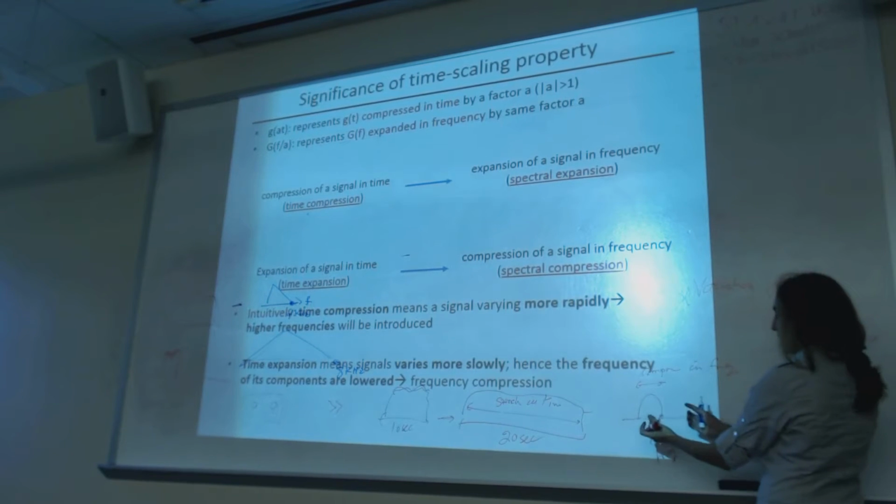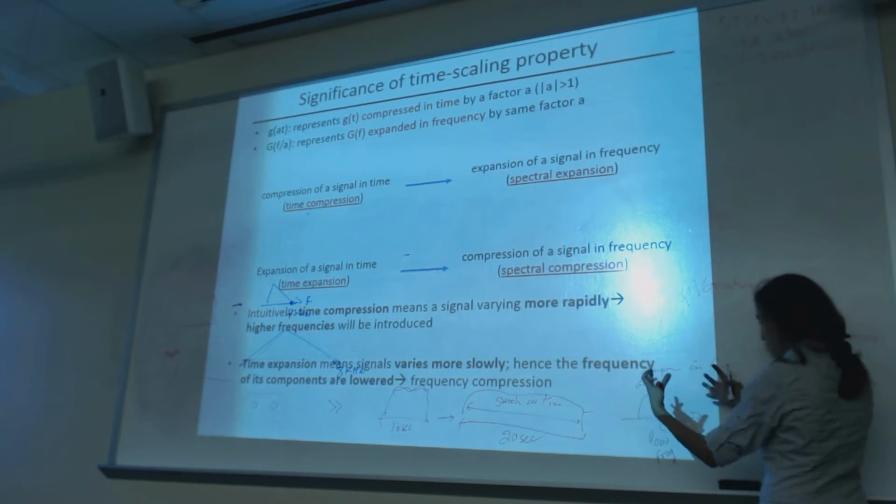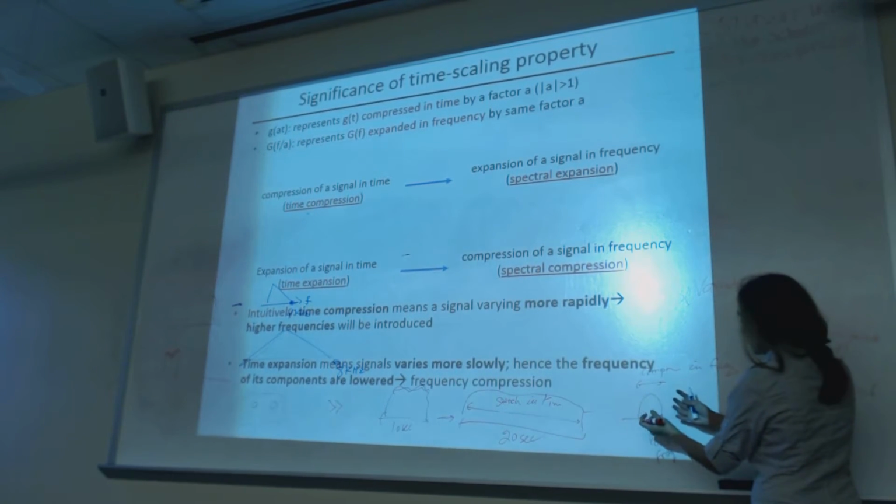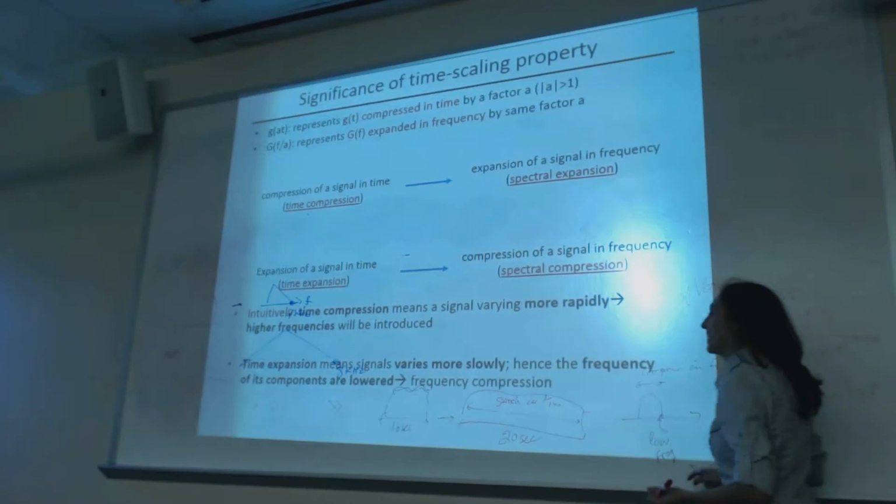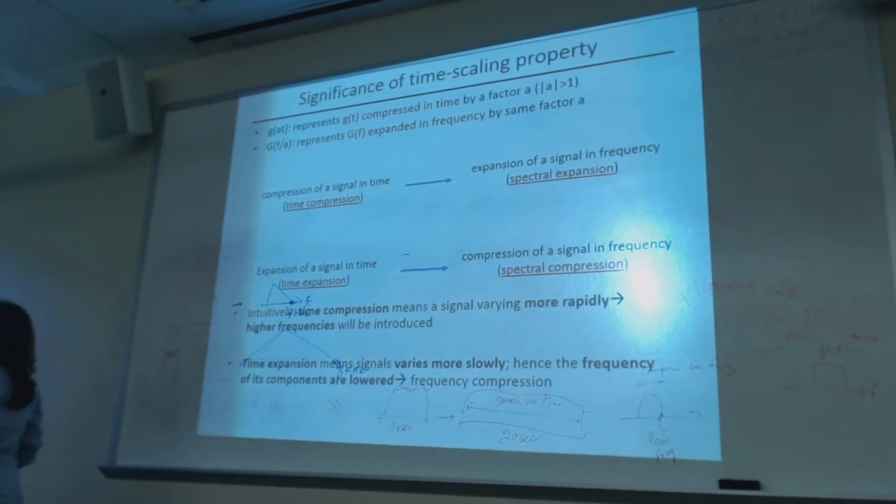So again, you'll hear something more like a whoa, lower frequency, versus higher frequency. So intuitively, time compression means the signal varies more rapidly, so it introduces higher frequency. And time expansion means that the signal varies more slowly, hence the variation is smaller and you have lower frequencies.